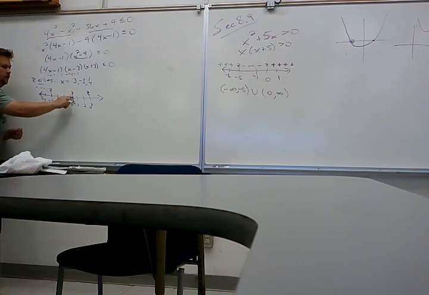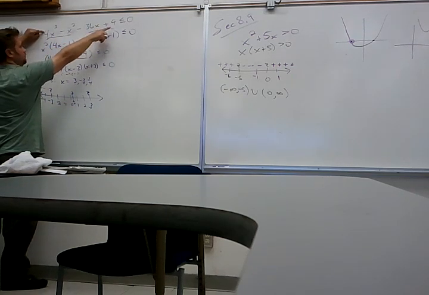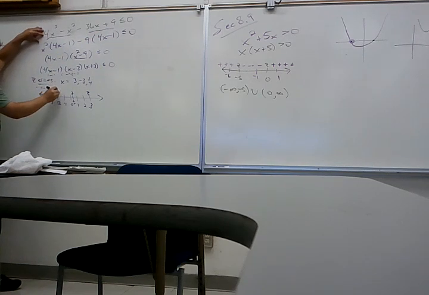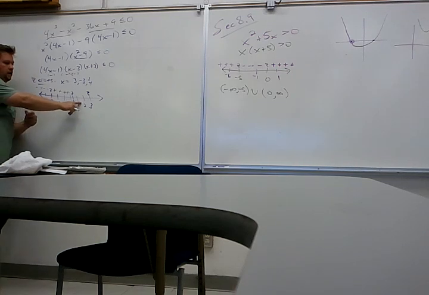What's a good number to put in from here? 0. Okay. 0 is the best number in the world because I can actually go to the beginning. What do I get when I put a 0 in? 9. Positive number. Over here, 1 would be good, right?